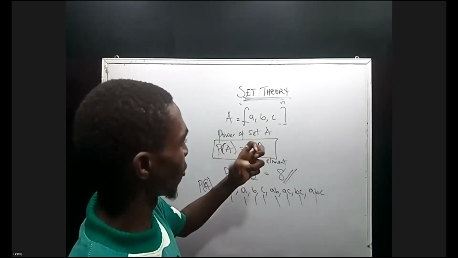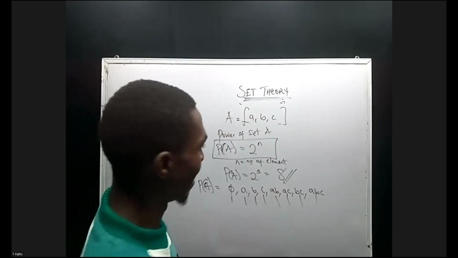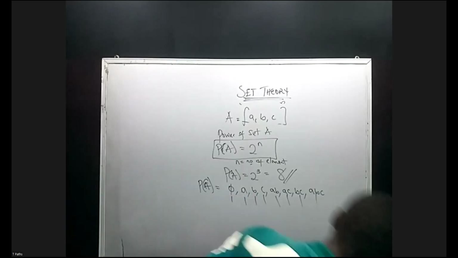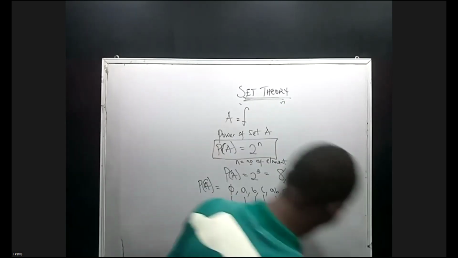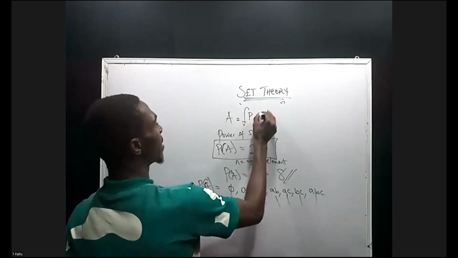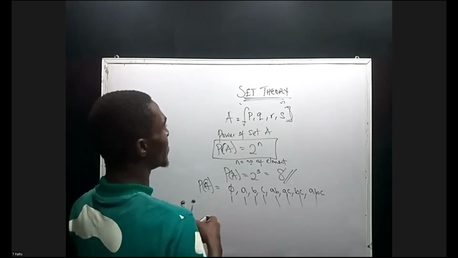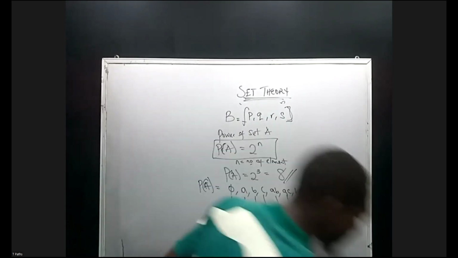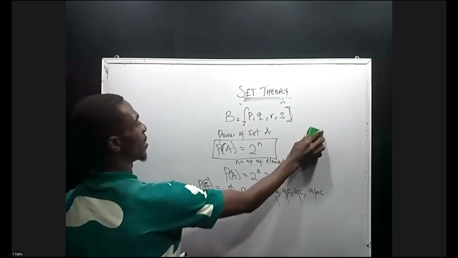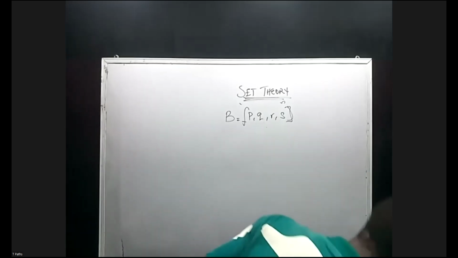Now, let me show you for a set with 4 elements, then you will understand it properly. So I extend this and change the elements here to P, I, S, and so on. Those are the elements of my new set B. Are we together? We need the power of set B now.